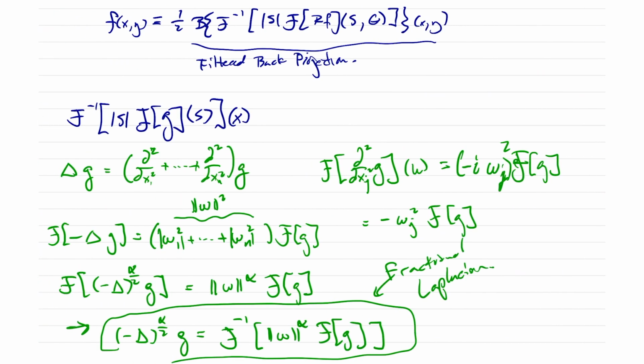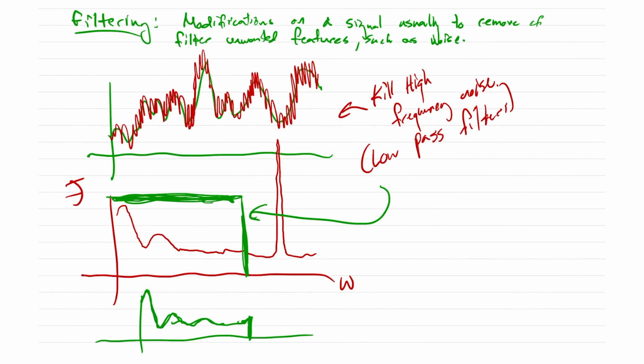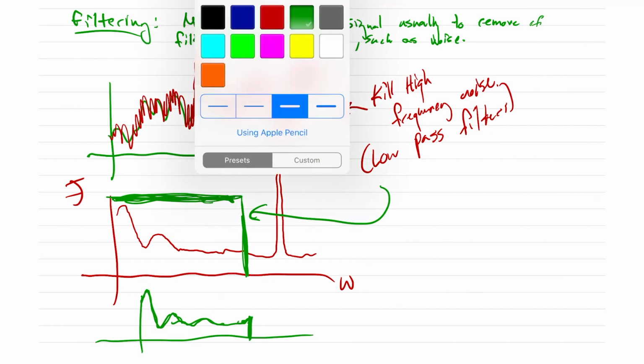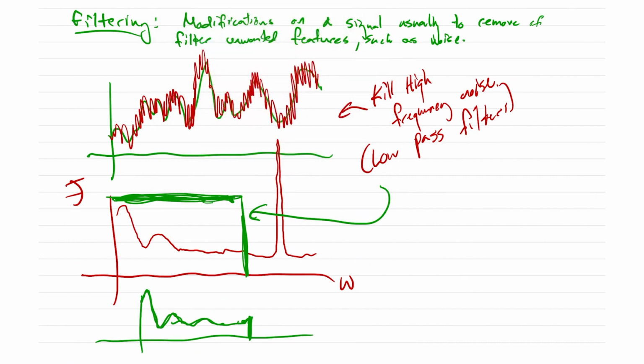Now, if you look at what's going on here, we're taking the Fourier transform of the Radon transform and multiplying it by the magnitude of s. So in this situation, we're multiplying it by a function that's doing this. That's actually going to really damp down low frequency content, practically kill anything below some point.